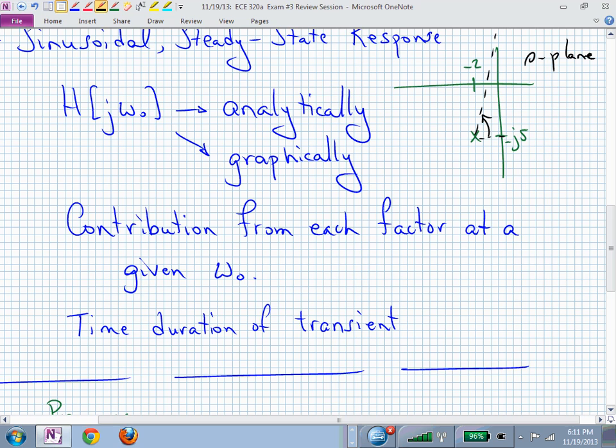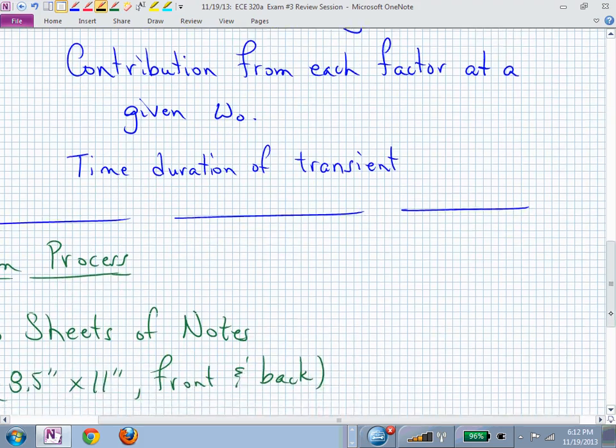Okay? And you should know the contribution from each factor. That's what I just illustrated with that S domain with one particular complex pole. But how long do you have to wait before you reach sinusoidal steady state? 5 tau. So now if you had a system, or maybe I wouldn't even give you a system.